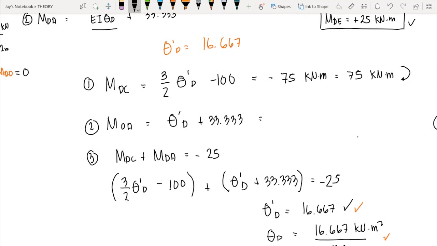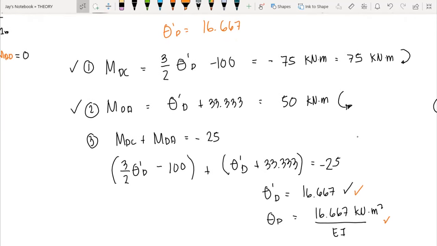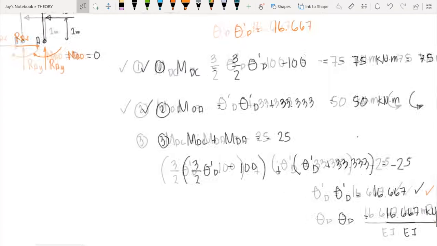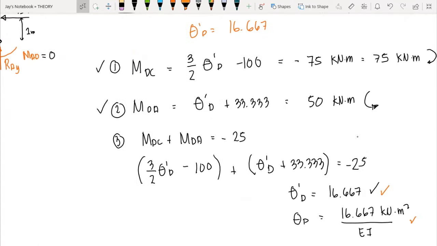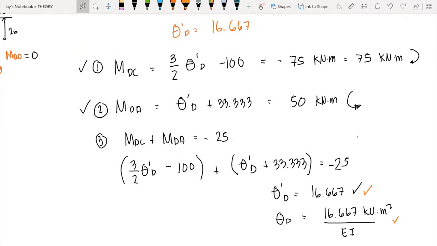Now for MDA, we have positive 50 kilonewton meter, and that is positive, therefore this has a counterclockwise rotation. Okay, so that is MDA. So we have now computed the member end moments. We have MDC, MDA, and we have also the MDE, which is 25. And all the moments on the hinge supports are 0.